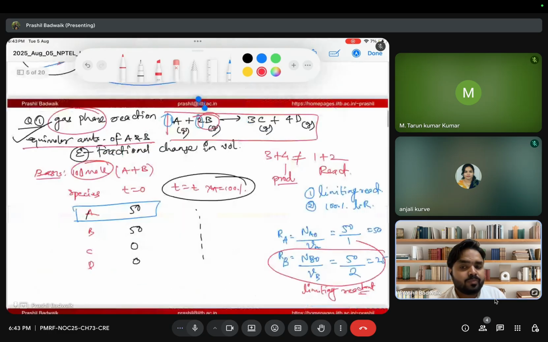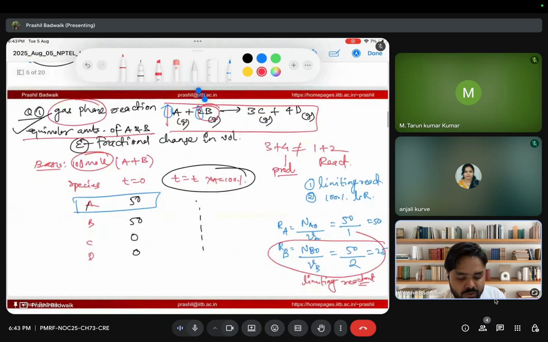100% conversion of B means all the 50 moles of B are converted to give the product. That means when there is 100% conversion, how many moles of B will be present? 0. Earlier there were 50. All 50 converted to product, so there will be 0.